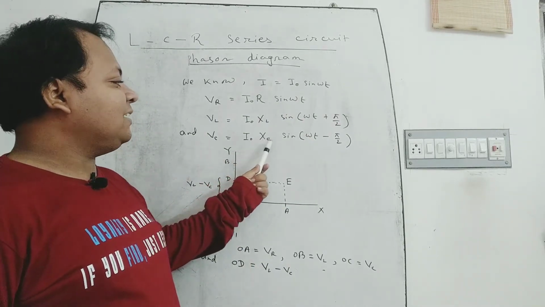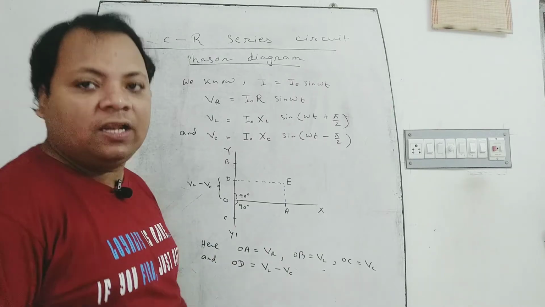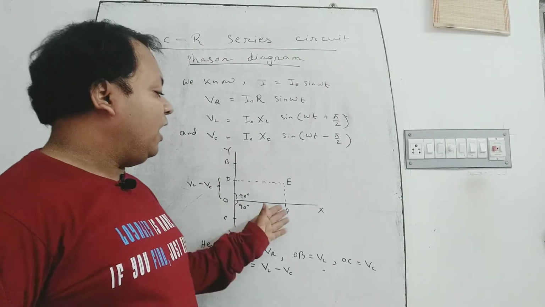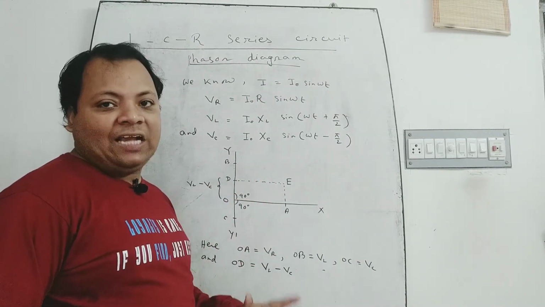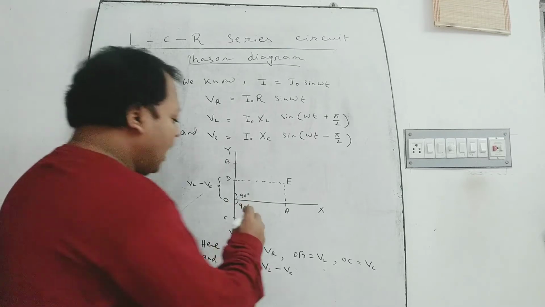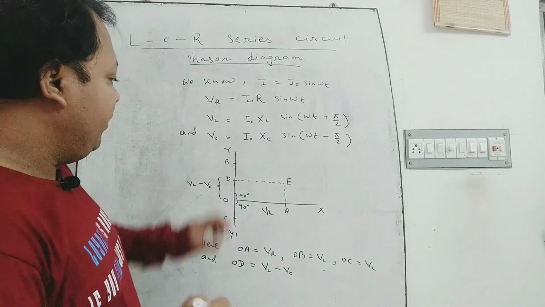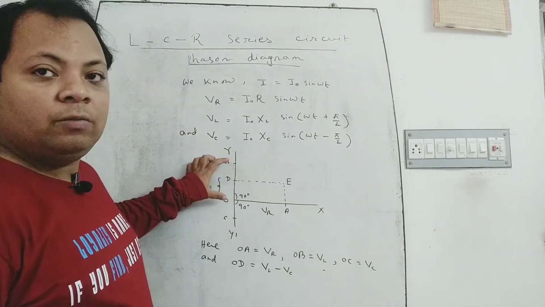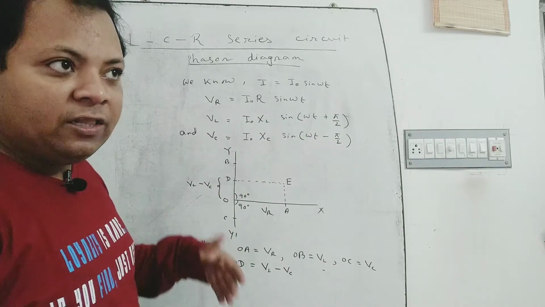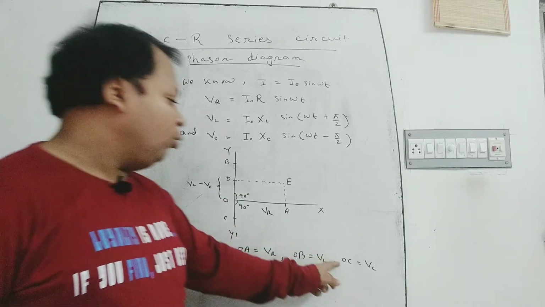Now we can plot the phasor diagram along the XY axis. We plot VR along the positive x-axis. VL leads VR by an angle 90 degree, and VC lags behind VR by an angle 90 degree. OA denotes VR, OB denotes VL, and OC is equal to VC.